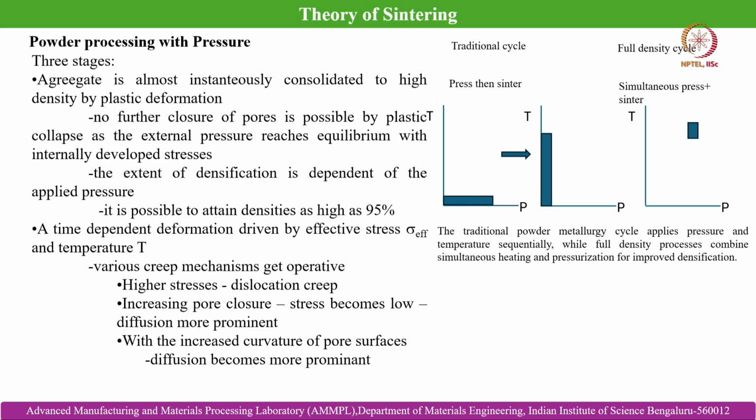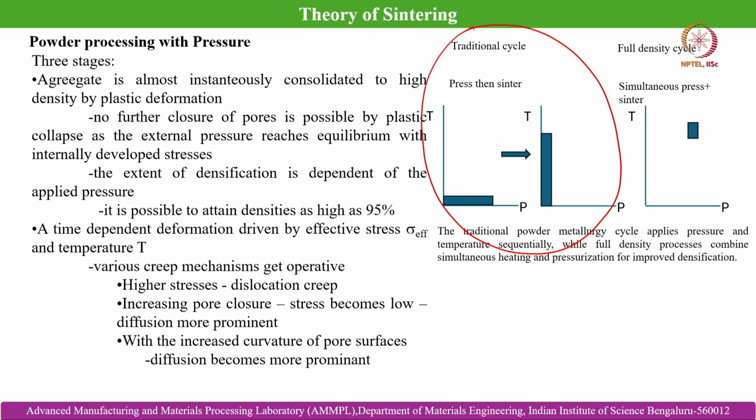So, if you compare pressure assisted sintering and sequential compaction and then sintering, in the latter these are done sequentially, one after the other. When we are doing the compaction, generally we do it at a much lower temperature, if not room temperature, then at a temperature when only the additive or the polymeric ingredient remains in the liquid state, but we never go close to the sintering temperature of the powder aggregate that is undergoing sintering.